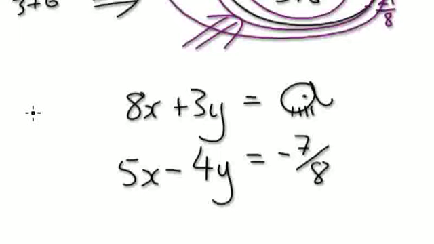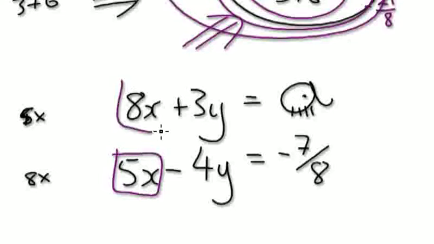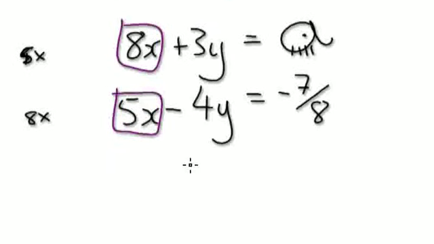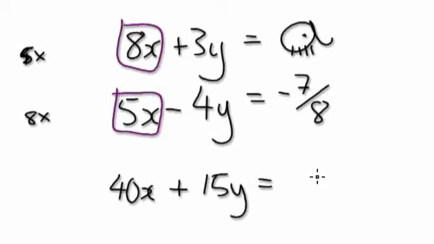To eliminate the x, let's times everything by 5 here, and down here, times everything by 8. Then the two x's will be the same. So this will be 40x plus 15y equals 5 elephants.